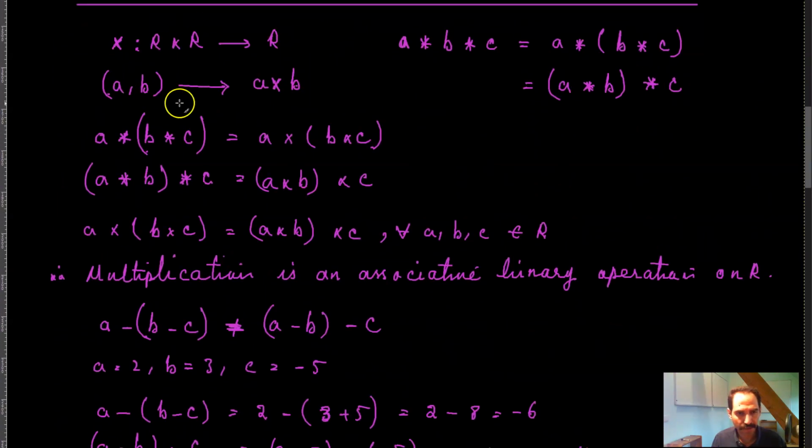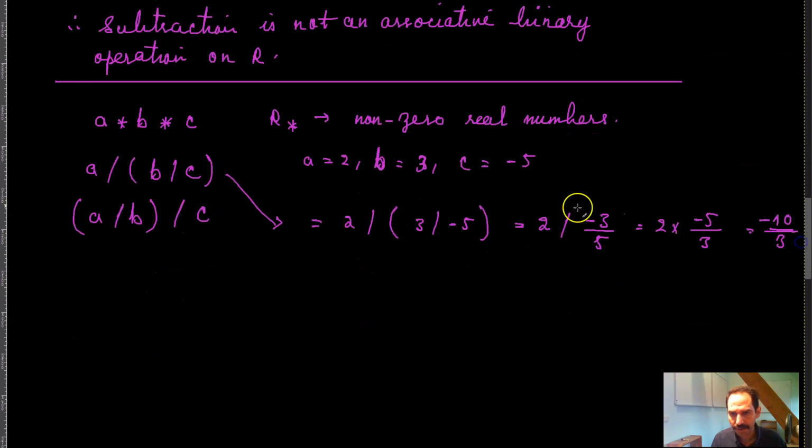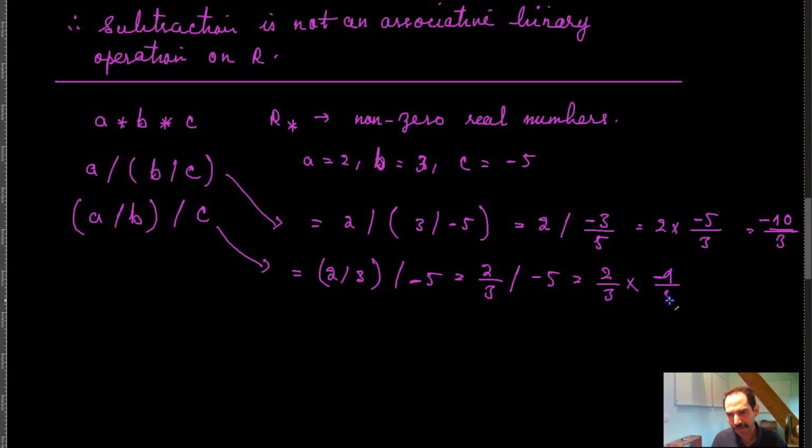But it's not going to be associative, because as you can see, A divided by B divided by C is negative 10/3 here, and this one over here is now equal to 2 divided by 3 divided by negative 5, which is equal to 2/3 divided by negative 5, which is equal to 2/3 times negative 1/5, which is equal to negative 2/15.